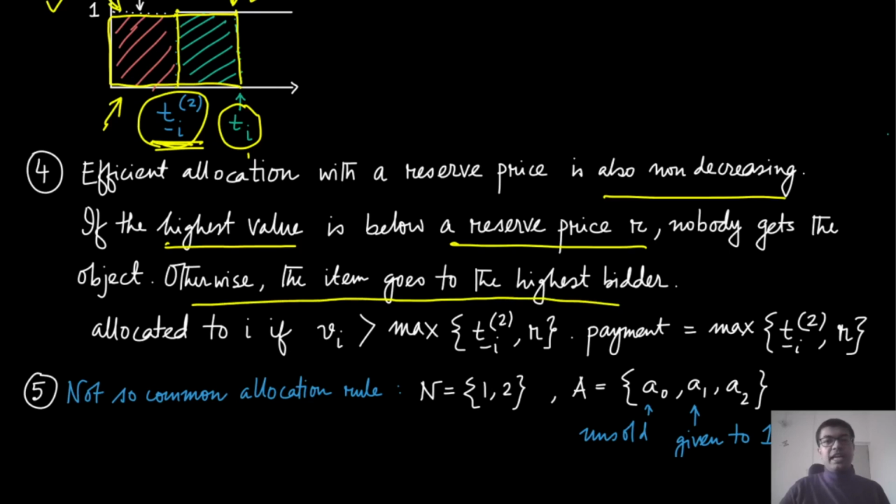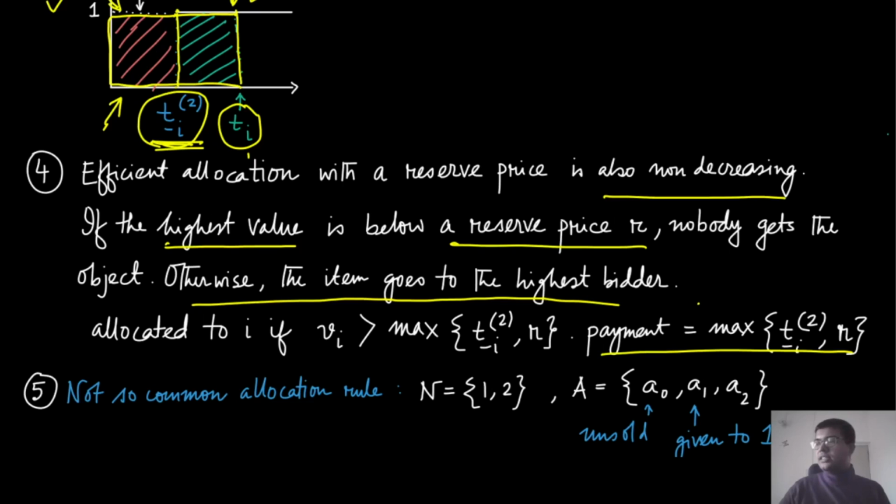If there is at least one individual who is above that reserve price value, then among those players who are above the reserve price, it will proceed as per the usual allocation rule. Whoever is the highest bidder gets the object. Now the payment is essentially the maximum of these two things, the second highest bid and the reserve price. If it turns out the second highest bid is actually smaller than R, then the winner is asked to pay that reserve price.